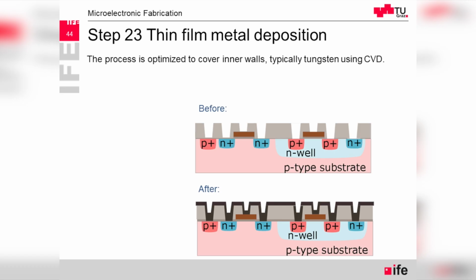So what is not allowed here, for example, is to use copper, because copper has the property that it easily propagates through surfaces, and contamination with copper or any metal close to the active devices, that's not something that we want to have.